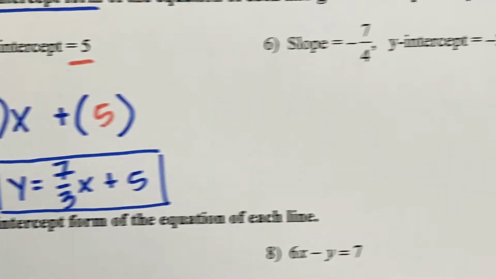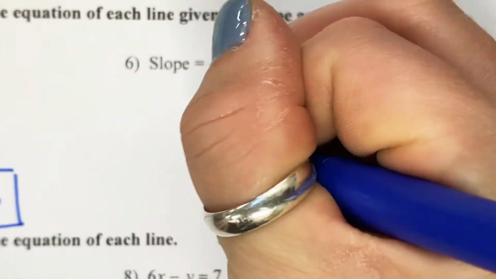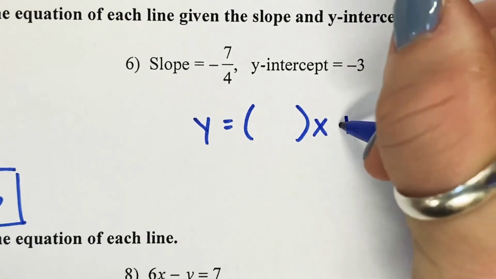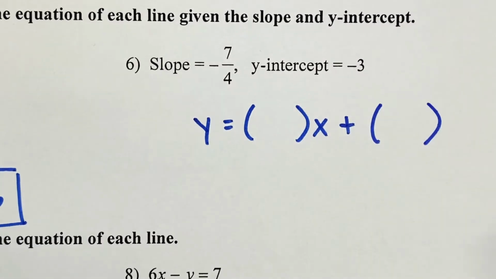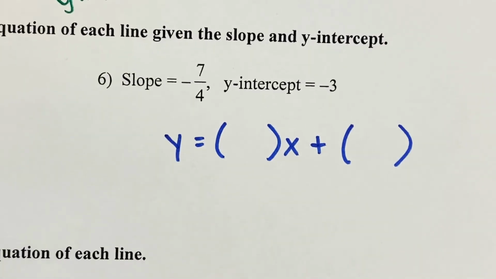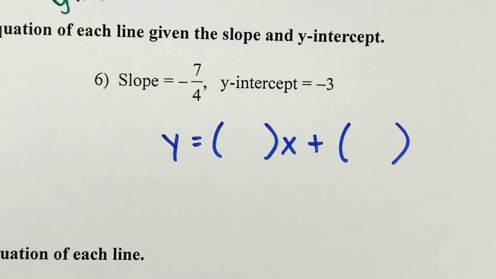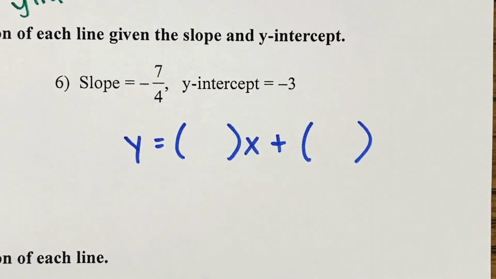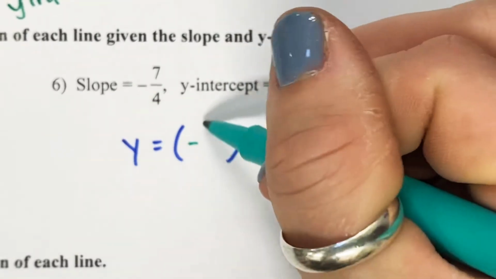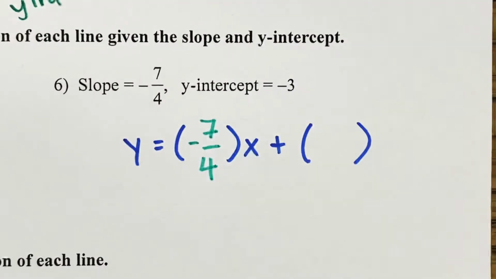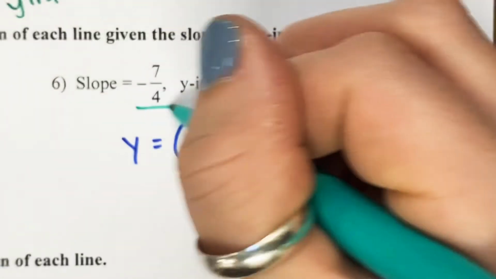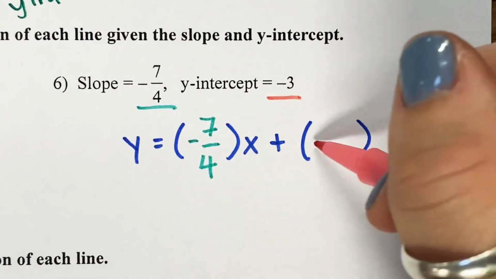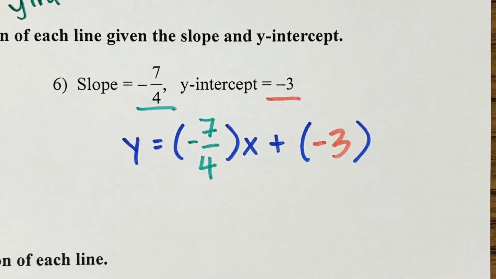Okay, let's look at 6. So let's do our y equals, we need a space in front of our x for our slope, plus our y-intercept in the back. Okay, well, let's fill in our first space. What is our slope? What does it tell us our slope is? -7/4. Okay, right there. And what does it tell us our y-intercept is? -3.